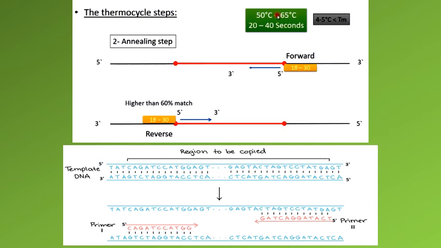Please take into consideration that binding between them builds up new strands by Taq polymerase, and this Taq polymerase acts from 5 prime to 3 prime, which is represented by two blue arrows in the upper figure, and both primers act in opposite direction.